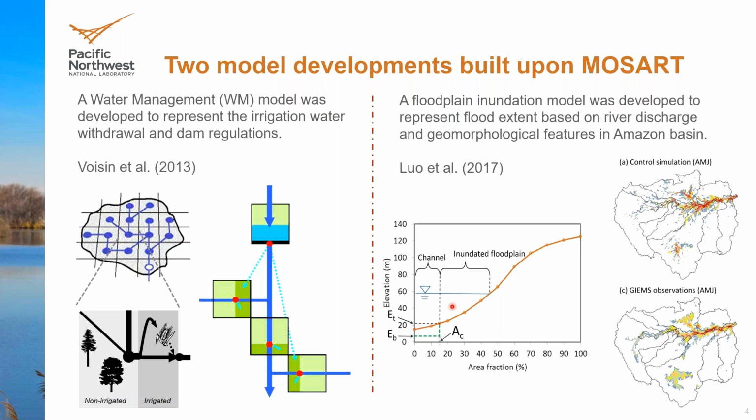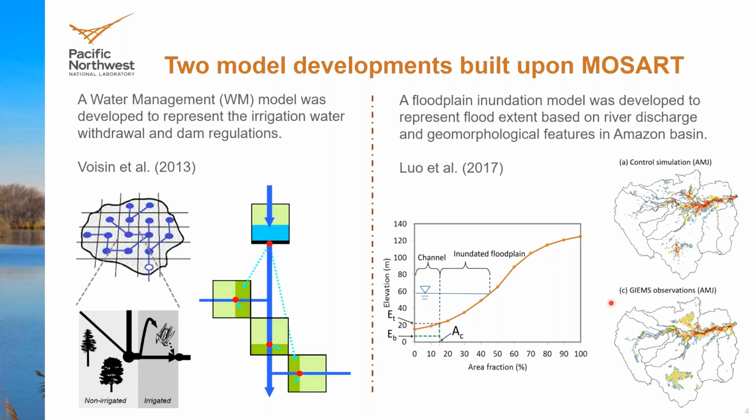The top one is the simulated result presenting the flood inundation extent, and the lower one is the observation based on satellite. You can see it did a good job, but as I said, it has only been evaluated in the Amazon basin.